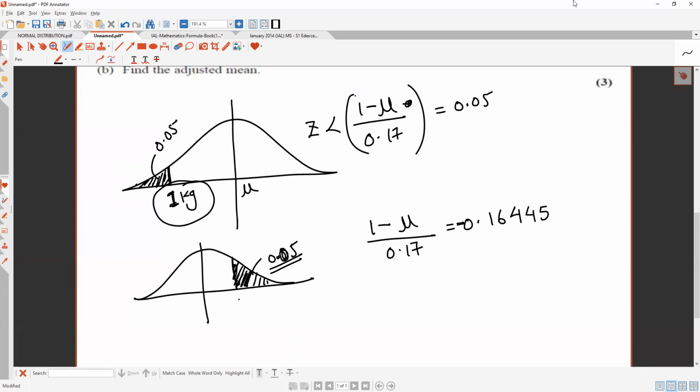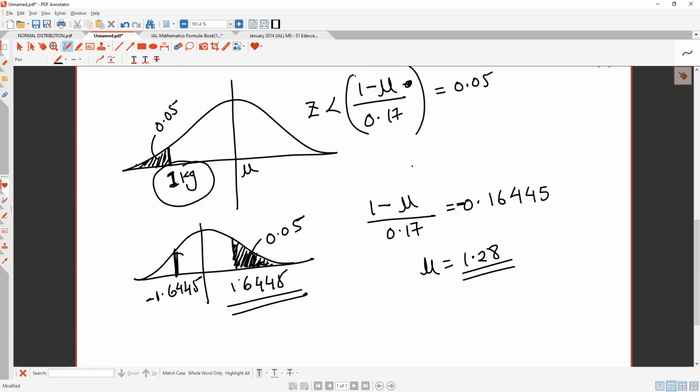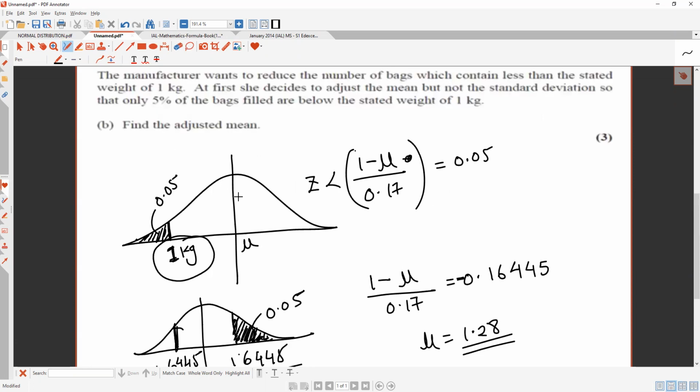I have a voice note to listen to. The answer is 1.28. So that means if you maintain your mean at 1.28, then the chance of getting any rice sack with less than 1 kg is very small, around 5%. Fine, let's do the next one.